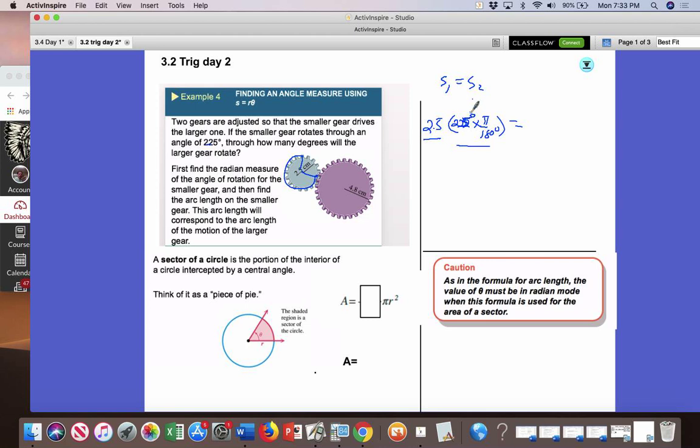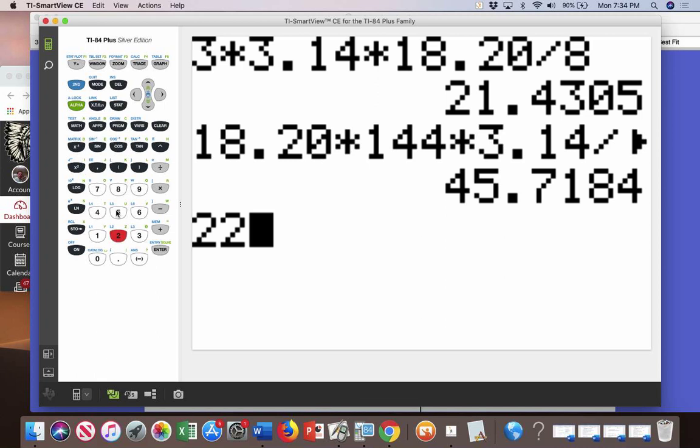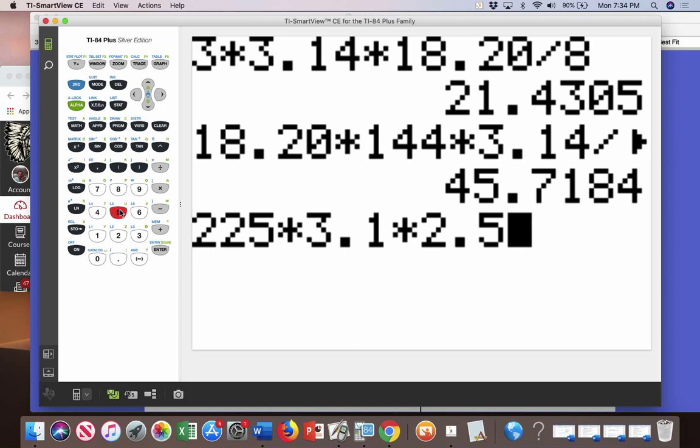We can go ahead and multiply that out if you'd like. 225 times 3.14 divided by 180 times 2.5. Let's go ahead and see what that equals. 225 times 3.14 times the radius, which is 2.5, divided by 180.